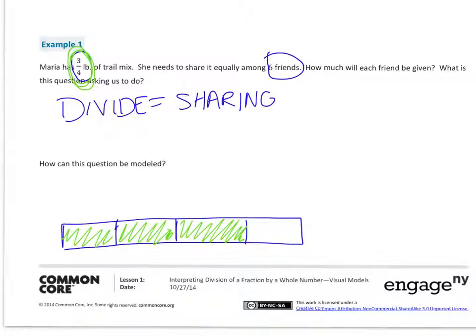And then I'm going to label because labeling is always important for our models. So that's trail mix. So really, this is 1 pound of trail mix because it's the whole thing. But I only shaded in these 3, so that's the 3/4.